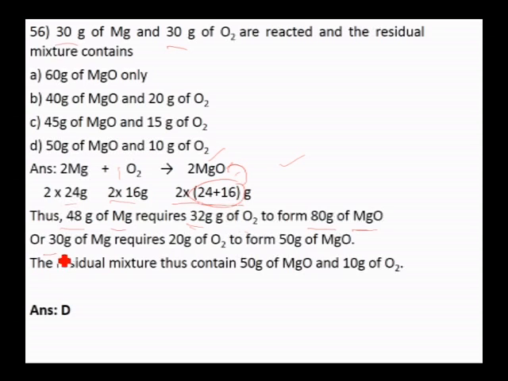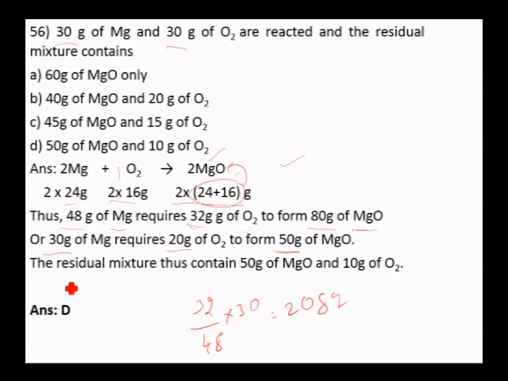Obviously, when 30 gram of magnesium is made to combine with oxygen, out of 30 grams, only 20 gram of oxygen is sufficient, because 48 gram will react with 32 gram of oxygen, and therefore 30 gram will react with only 20 gram of oxygen, and on combustion it produces 50 gram of MgO.